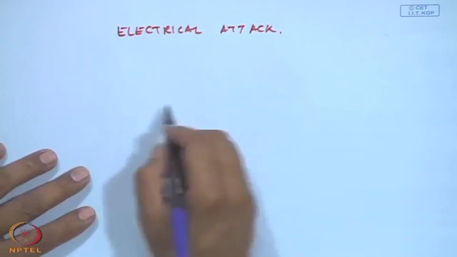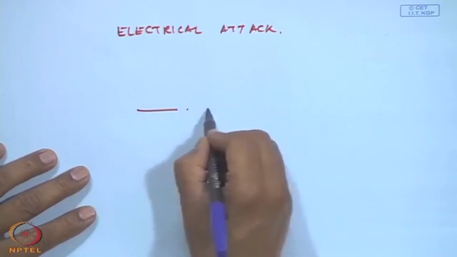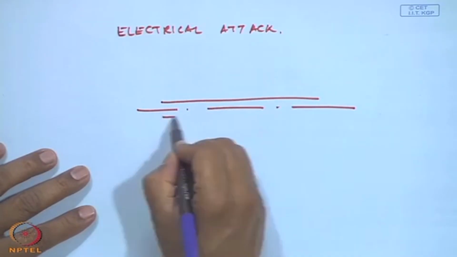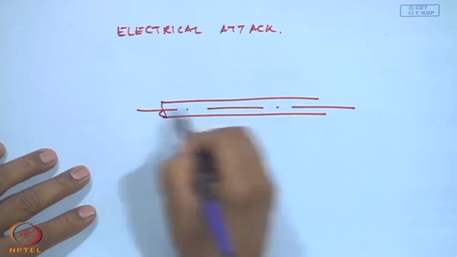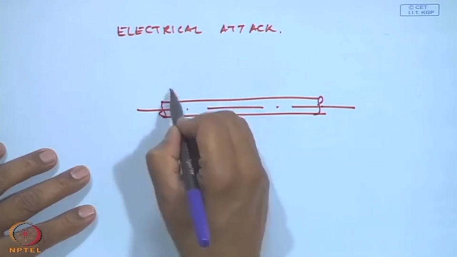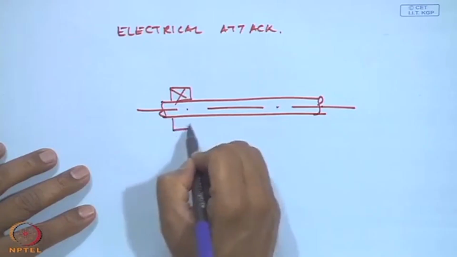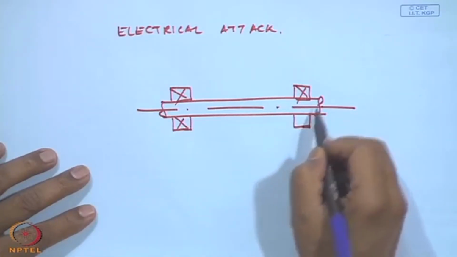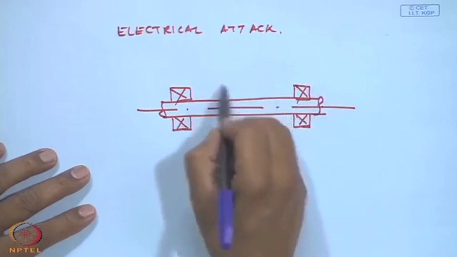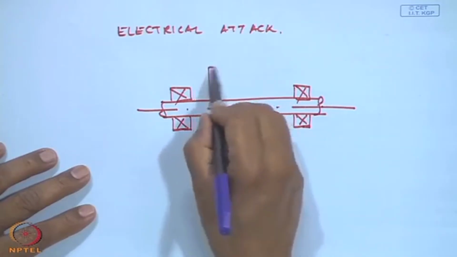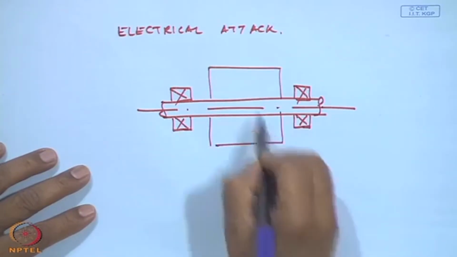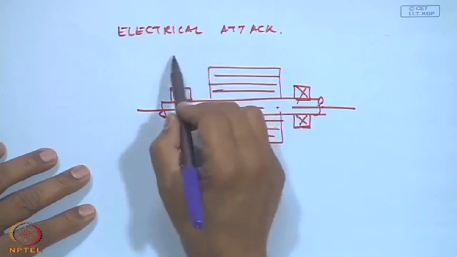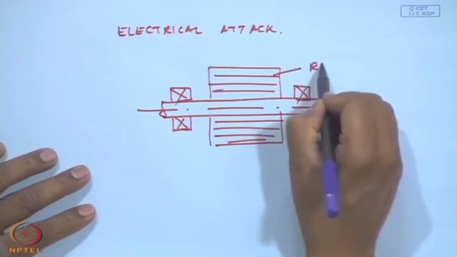Particularly think of the case of an electrical motor. Okay. And there is a rotor, this carries a rotor, and of course, there is a stator. I am not drawing the stator here.